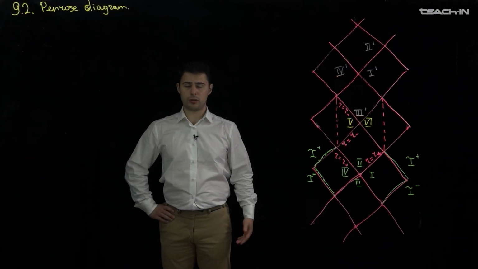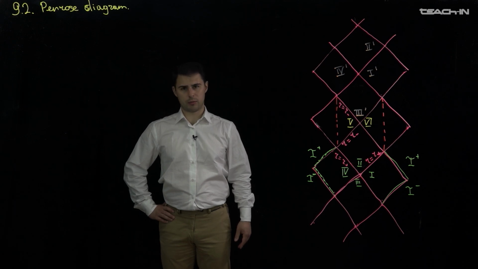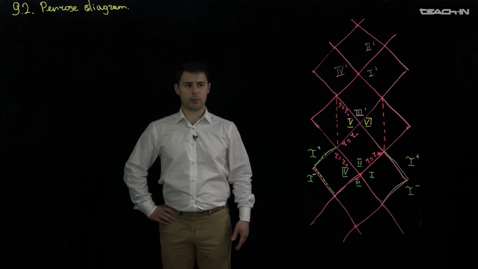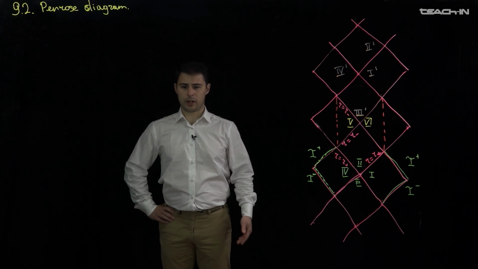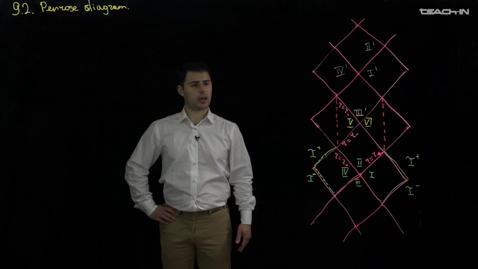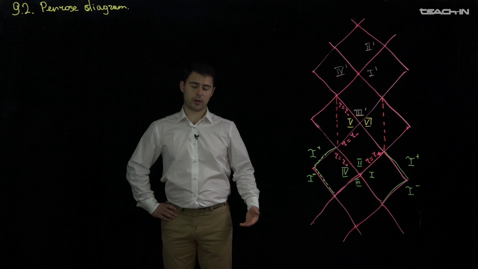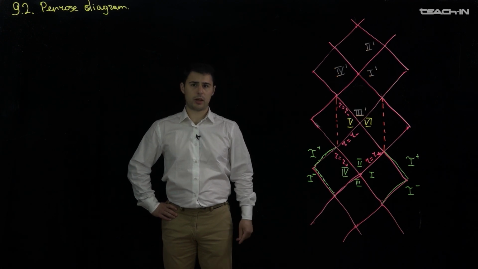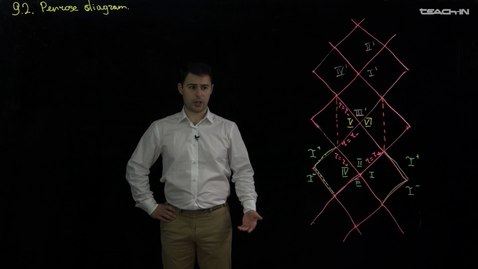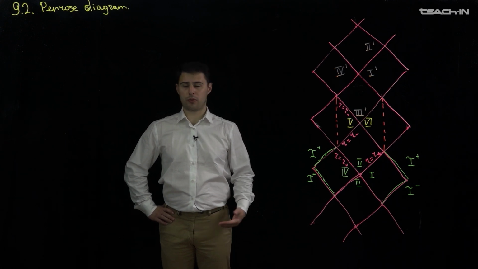Now let us look at the diagrams. It's not easy to draw the Penrose diagram for the Kerr black hole, and the reason is the lack of spherical symmetry. But let's go step by step. We have introduced the Kerr chart, which covers the region behind the exterior horizon. Similarly, we can introduce the second coordinate, and we can introduce the Kruskal-like coordinates, and then continue with the standard procedure. The reason is that for the spherically symmetric solutions, we could just project, while here we have dependence on theta.